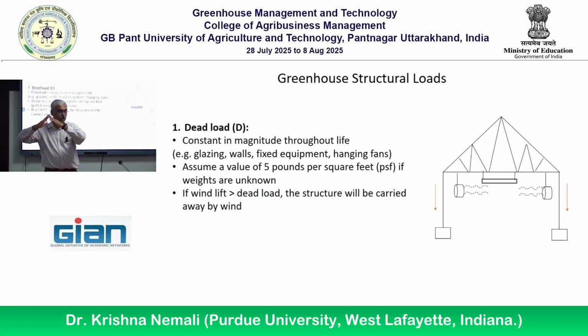The advantage of gable is you get more light transmission to begin with. That's one of the best advantages of the gable, because you can now control roof pitch and things like that. We looked at gable style, arch style. We looked at a Venlo style and also a gutter connected arch style designs for multi-span, right? And then we looked at how to maximize light intensity by modifying roof angle or roof pitch. 6:12 is the recommendation.